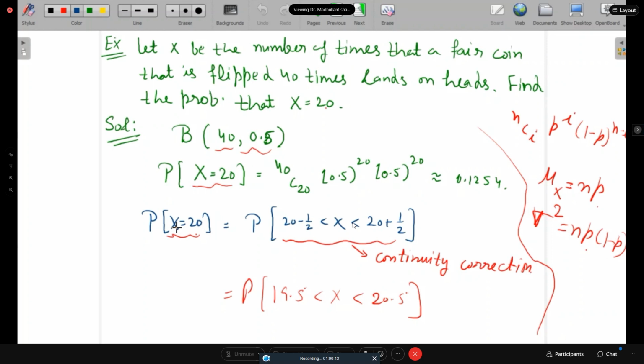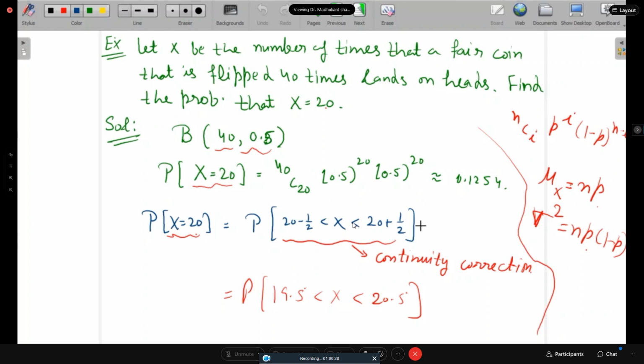Sir, can we take 20 minus 1 by 4 and 20 plus 1 by 4? Yes, that you can also take. That is also a continuity correction. Okay, understood, sir. Thank you, sir. Any smaller number, 1 by 4, 1 by 3, 1 by 6, anything.